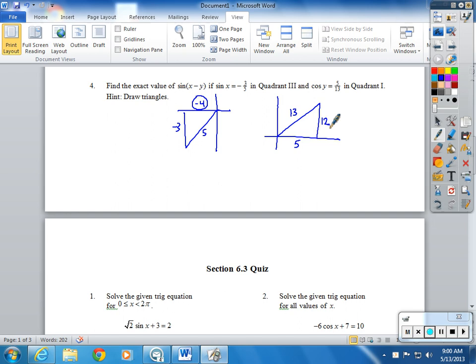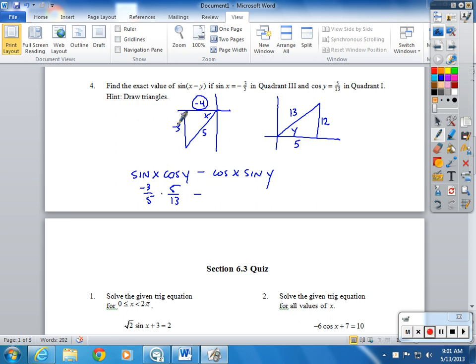So sine of x minus y. So here's x, here's y. So we have the sine of x and the cosine of y minus the cosine of x and the sine of y. We're determining the sine of x, cosine y, so on and so forth from each triangle. So the sine of x will be the sine of this triangle, which is negative 3/5. Cosine of y would be the cosine of this triangle, which is 5/13.